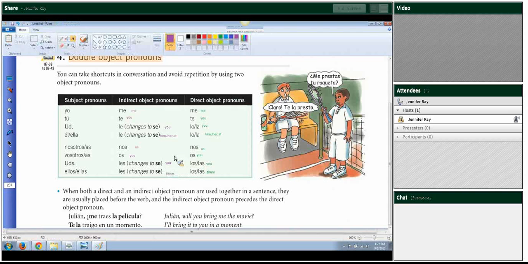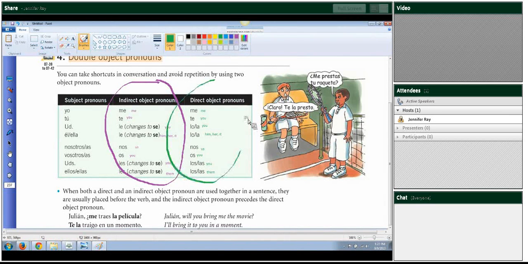So hopefully that'll help you and make sense. And just remember that when you are putting them in a sentence, these guys go first and these guys go second. So this is first and this is second.